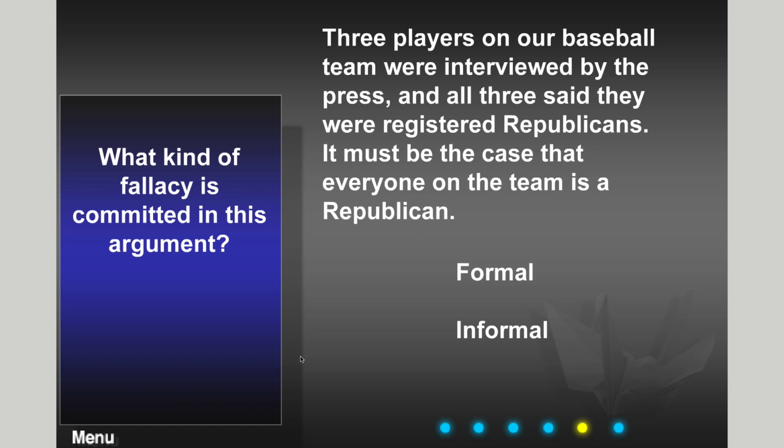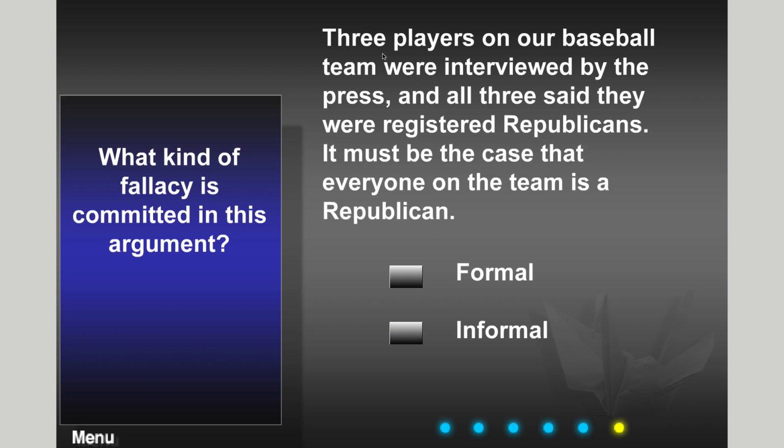Three players on our baseball team were interviewed by the press, and all three said they were registered Republicans. It must be the case that everyone on the team is a Republican. And you'll see this as an informal fallacy. And that informal fallacy is a hasty generalization, right?